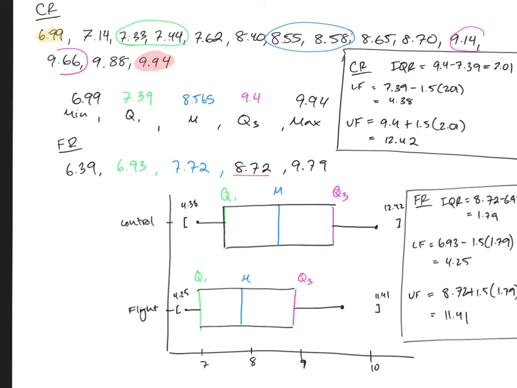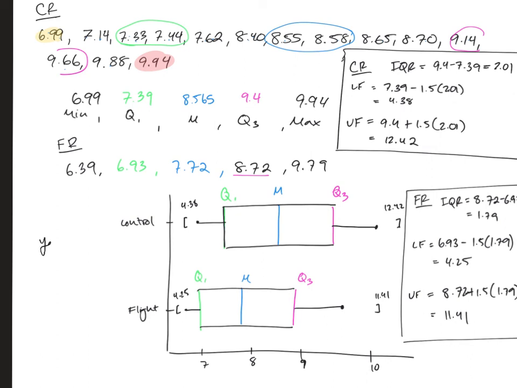So what am I asked to do? I'm trying to see if it looks like the spaceflight affected the rats' blood cell mass. And it does. It has shifted downwards. These are the rats that did not go into space, and these are the rats that did. So we'd say yes. It appears that the spaceflight has reduced the blood cell mass of the rats, since the median for the flight group is less than the median for the control group.